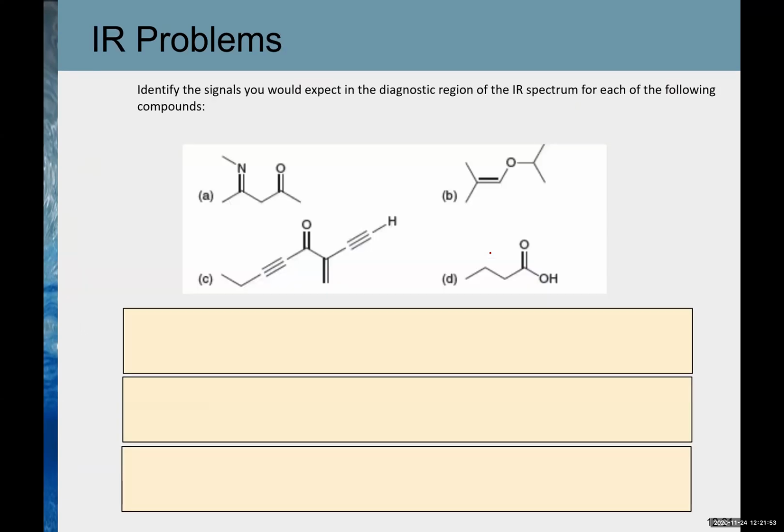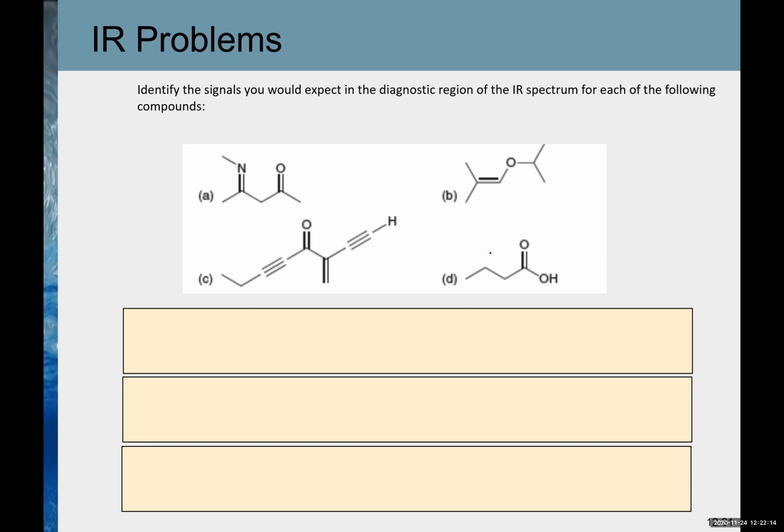Let's look at another problem here. In this case, we need to identify the signals you would expect in the diagnostic region. The diagnostic region is from 1400 to 4000, other than the fingerprint.